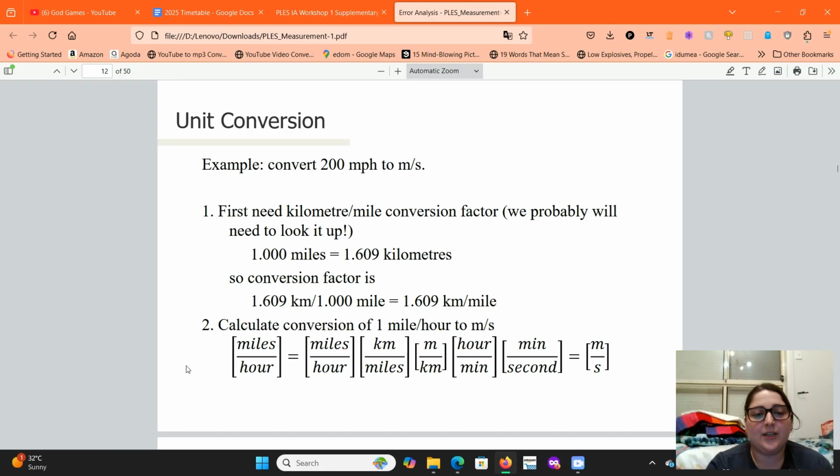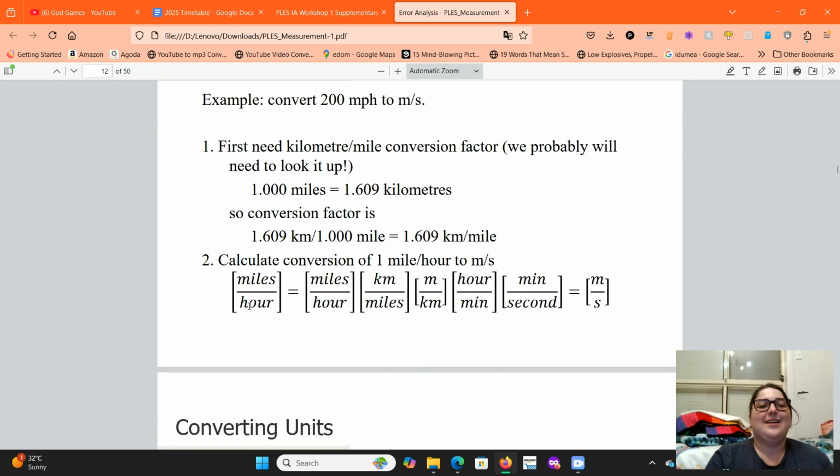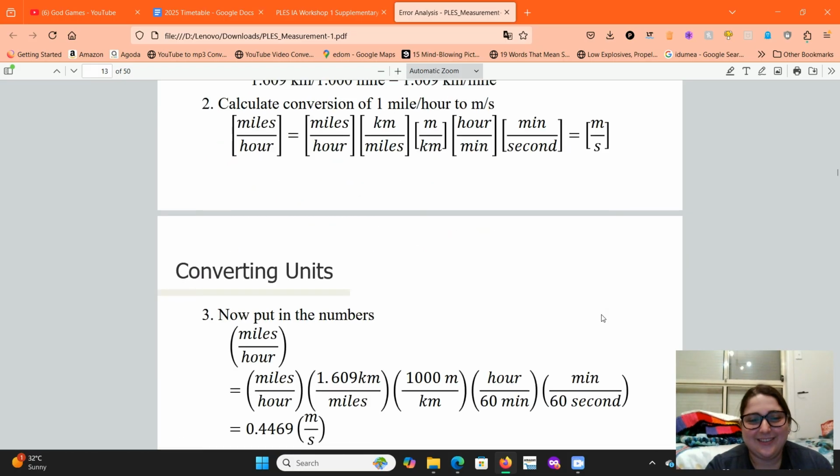So to calculate the conversion of 1 mile per hour to meters per second, if you write out the equation, this is what it looks like: miles over hour equals miles over hour, times kilometers over mile, times meters over kilometer, times hour over minutes, times minutes over seconds, giving meters per second. That is confusing. We will go through that slowly.